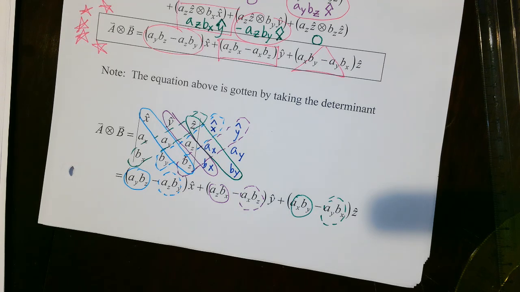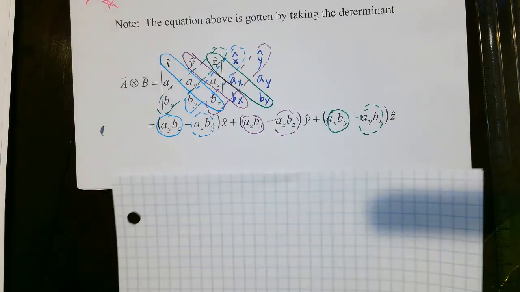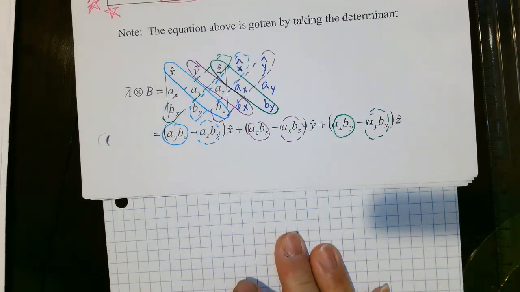So if you were to use the matrices, it's so much easier to do it that way. Or if you just memorize this, you can use that. So how do we use this?